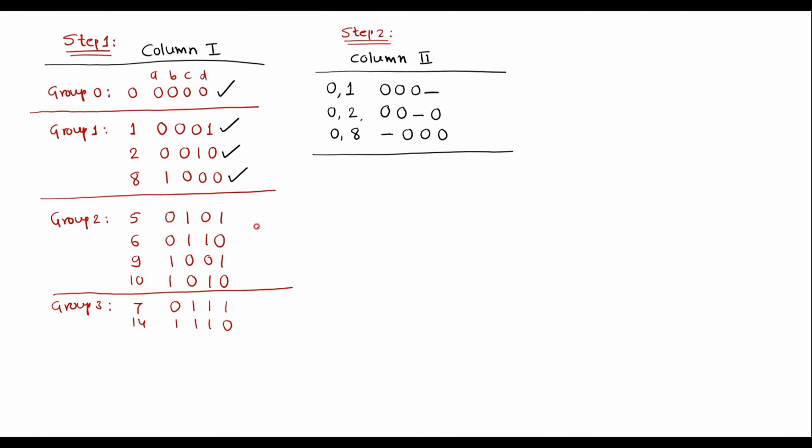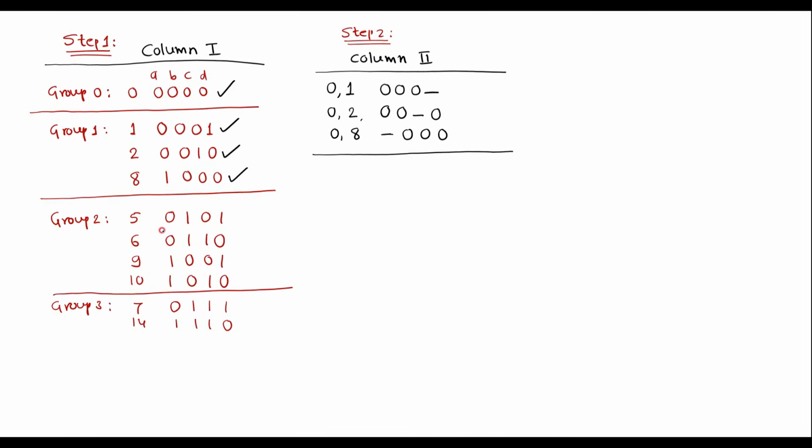So similarly, now I will compare each number present in group 1 with each number present in group 2, and I will represent only those numbers which differ by 1 bit in column 2. Let me compare 1 with 5. 1 is nothing but 0, 0, 0, 1, and 5 is nothing but 0, 1, 0, 1.